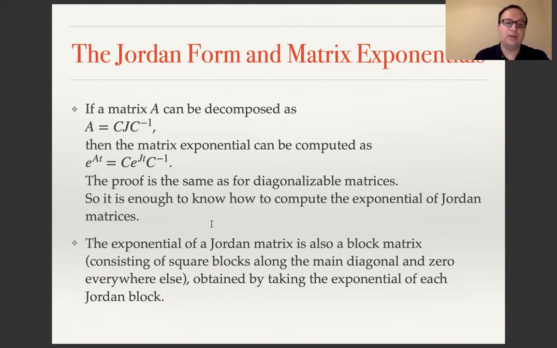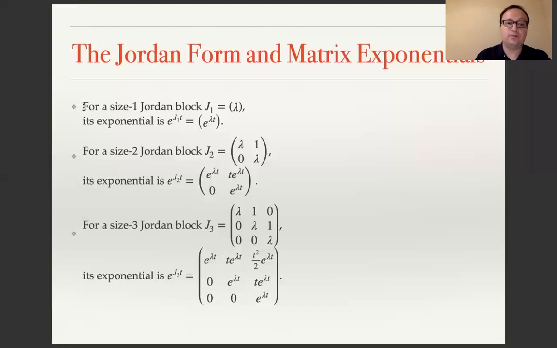So the exponential of a Jordan matrix is also a block matrix. It has square blocks along the main diagonal and 0 everywhere else, obtained by taking the exponential of each Jordan block. For a size 1 Jordan block, the exponential is what we have computed before.